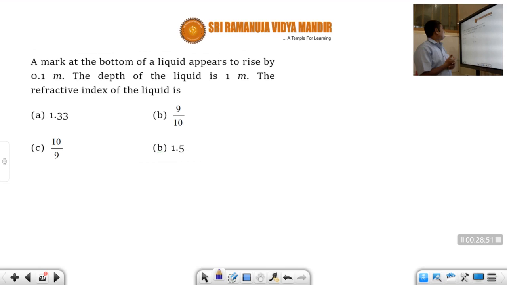Now there is a mark here, P. When you see from here, this is the eye. Will it appear at the real depth, students? No. It will appear somewhere around here, P dash, and this distance is called h dash. This is called h.